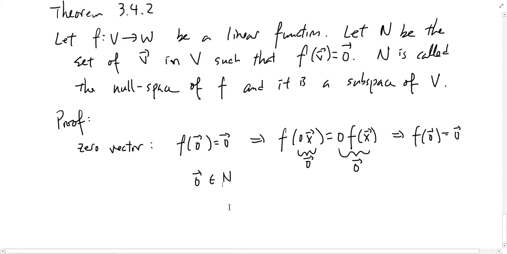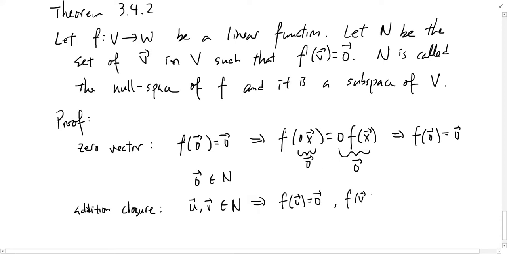Now let's do the closure. Closure is probably what's interesting to show. So let's do the vector addition closure. Let's say we have u and v in the null space N. So what does that imply? That implies that f of vector u must equal the 0 vector, and f of vector v must also equal the 0 vector, because that's the criterion of being in the null space: when you plug into the function f, you get the 0 vector.